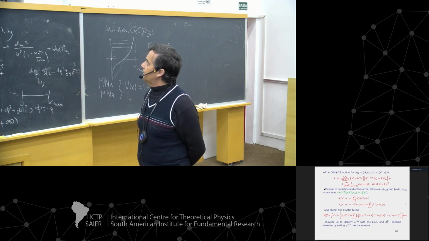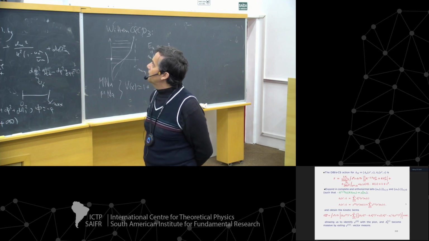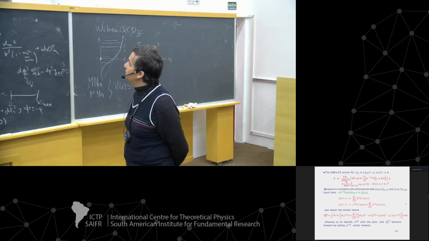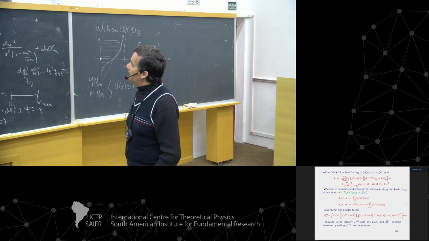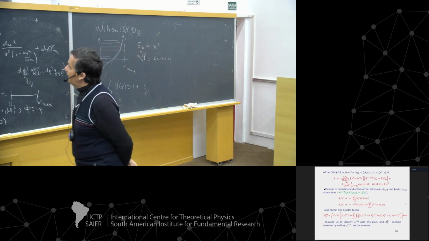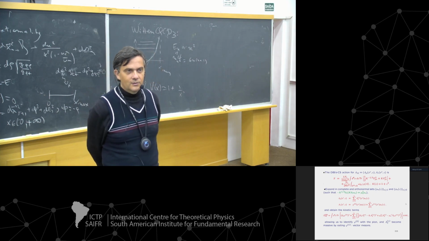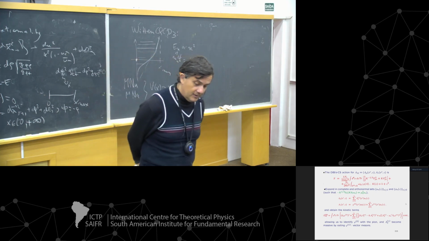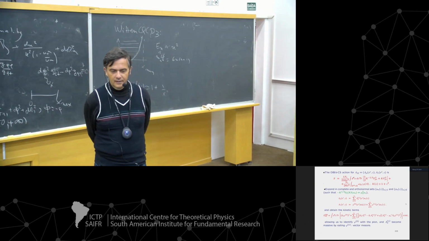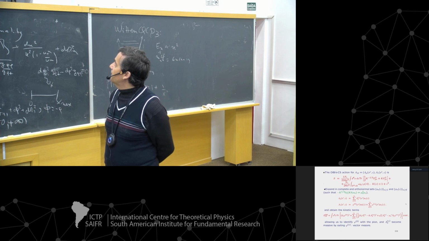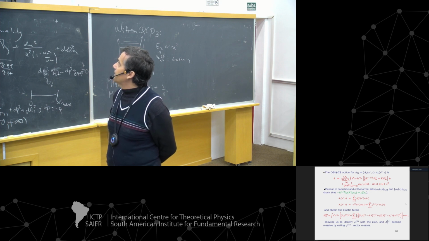So there's a tower of vector meson states, A mu n, and those are coupled to some phi n modes. And it's interesting to observe that this also describes the Higgs mechanism. You see in the action you get A mu n minus d mu phi n squared.